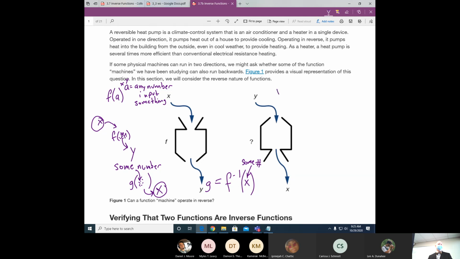So if I feed x into f, and I get f of x out, if I feed that into g, or into the inverse function, f inverse of x, remember, whatever input it takes, if I get back the original x, that means I do have a working inverse function.